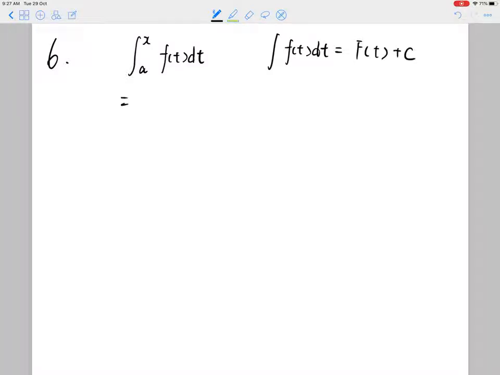Then this integration of f(t) for t from a to x will be F(x) minus F(a). So a is a constant, x is a changing variable, and F(a) is a constant.